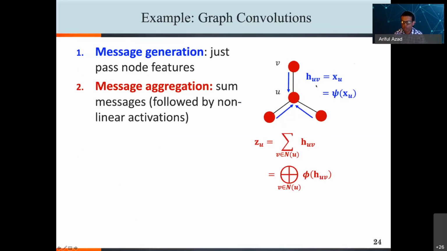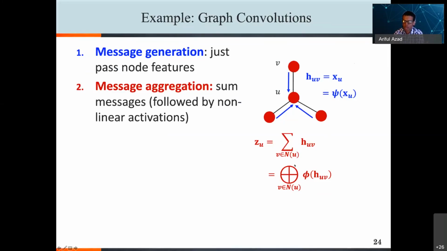That means when we generate messages, we simply pass the information from vertex V to this particular edge. That means messages are directly copying the vertex information, or vertex vector, of the neighbor. That is part of the graph convolution network. Message generation is easy. Just copy that value here.